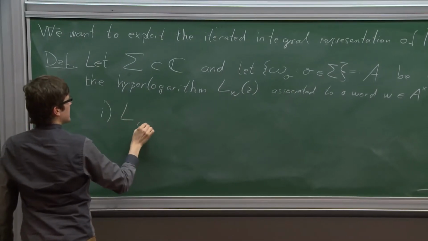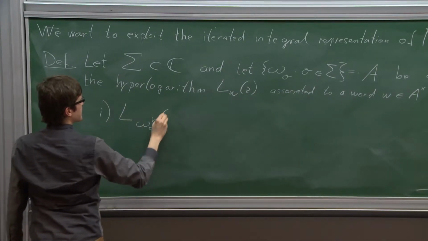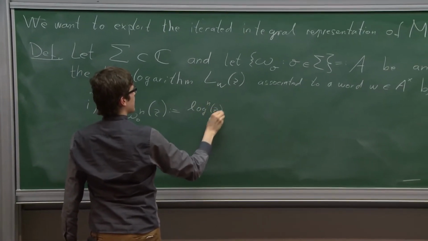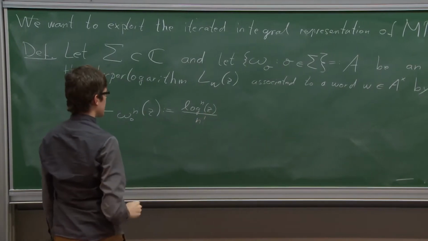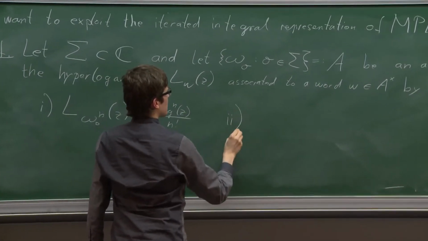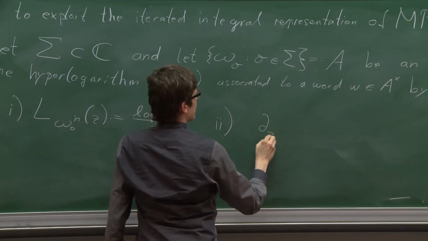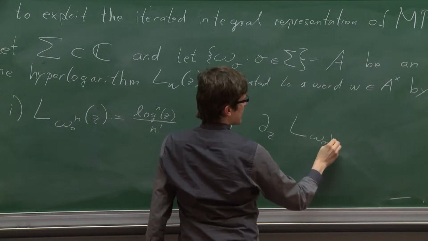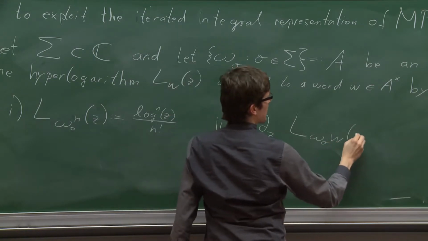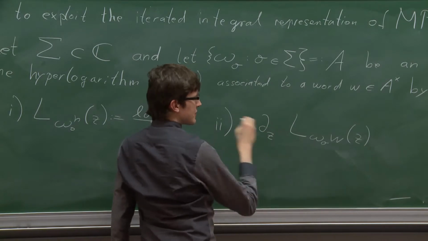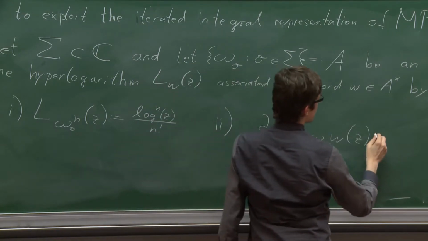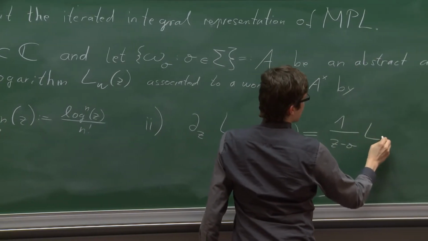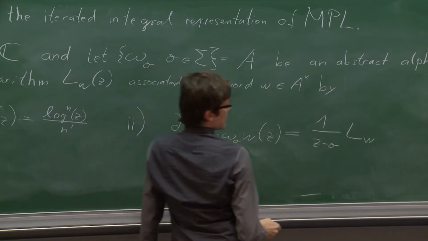First of all, if you have a string of omega zeros, this should just be the powers of the logarithm of Z, normalized by n factorial. And then we also want that if you take a hyperlogarithm with a word which begins with some letter, and then come some other remaining letters, this first letter tells you the differential behavior. So this should be 1 over Z minus sigma times the hyperlogarithm associated to the tail of the word.